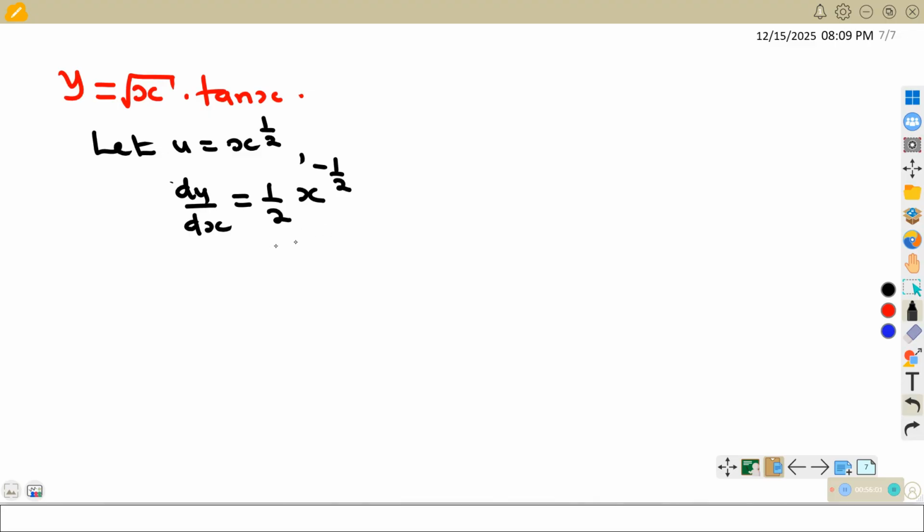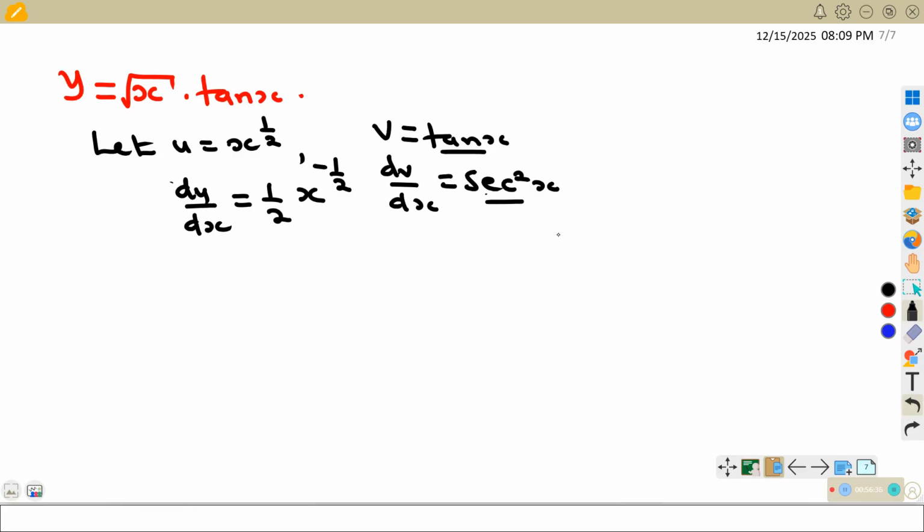Let v be tan of x. dv dx will be sec squared of x. So when you differentiate tan of x, we get sec squared of x.